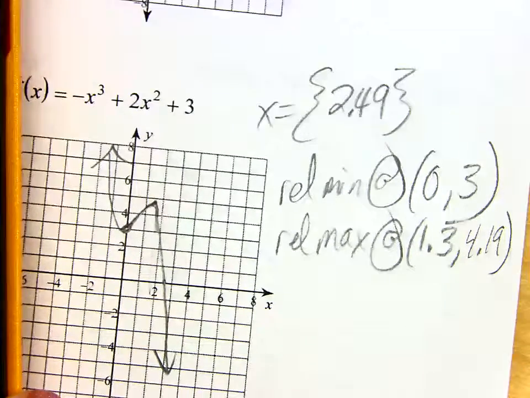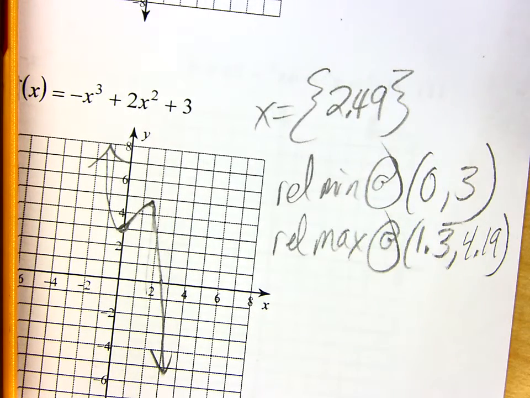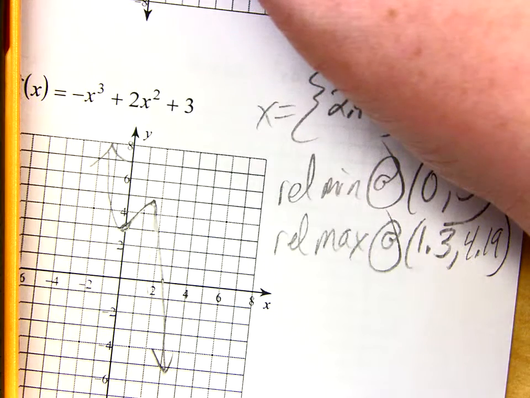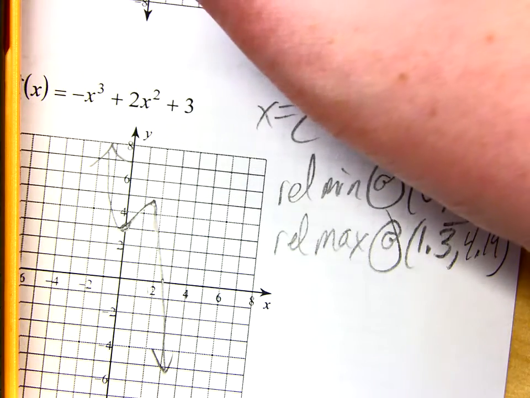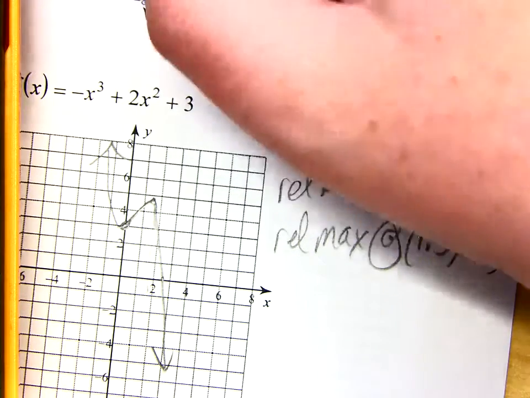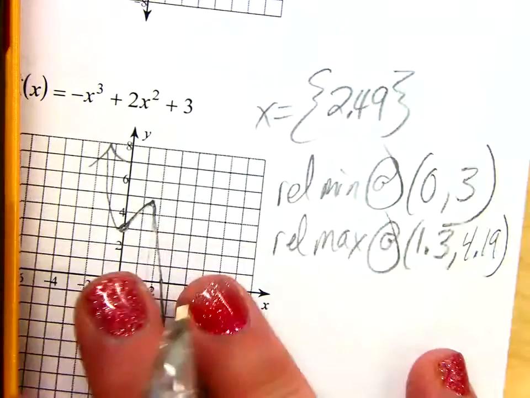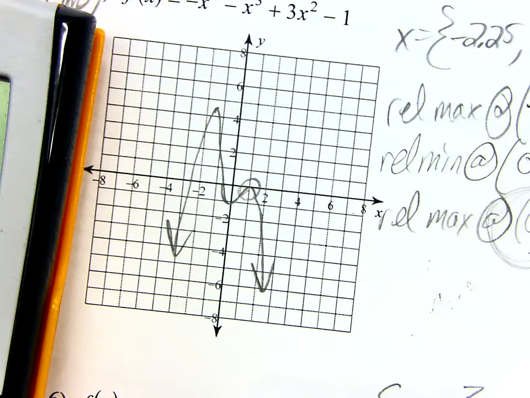Wait, how did you graph the last one and sketch it? Oh, I didn't finish. But, let's see. I had a max at negative 1.6, 4.25. Here's my last one, if you want. Now that I put all those pieces in.